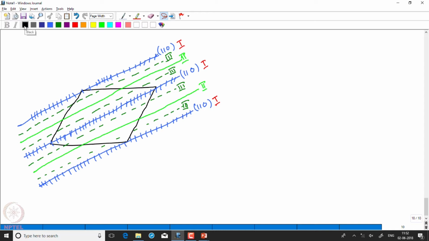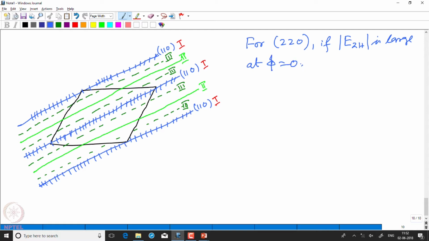Now if we try to see what happens for the planes 2 2 0, the reflection 2 2 0, if again for 2 2 0, E2H is large at phi equal to 0.